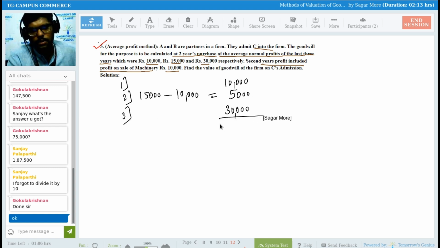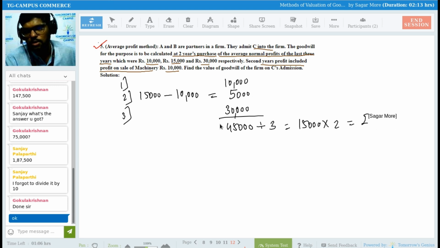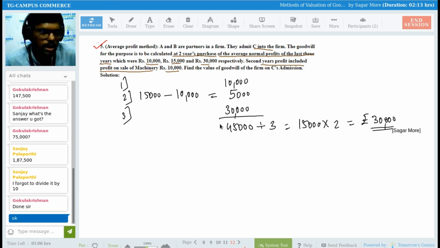So I need to add this now: 45,000. 45,000 divided by number of years 3 is 15,000. 15,000 multiplied by 2. So the correct answer is 30,000. Yes, absolutely correct. Gokul, getting it, Sanjay?